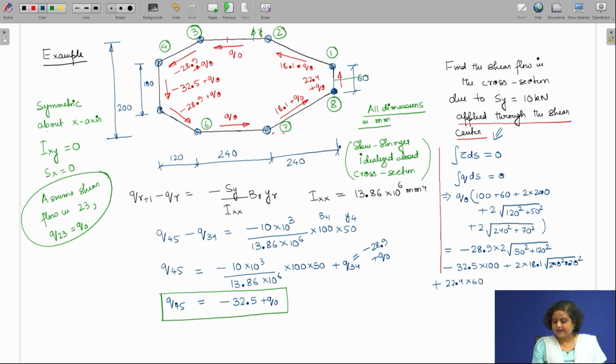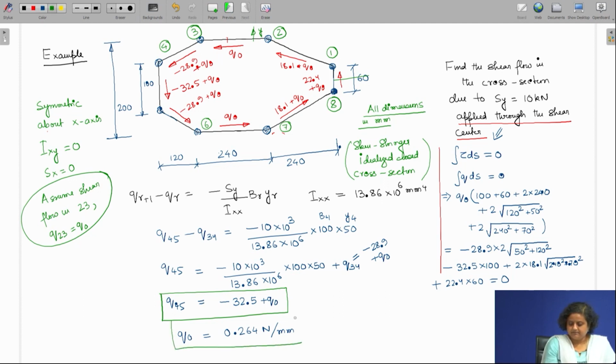Now if we calculate this, then Q0 is going to be 0.264. Therefore, we can say that Q0 is going to be 0.264 Newton per millimeter.